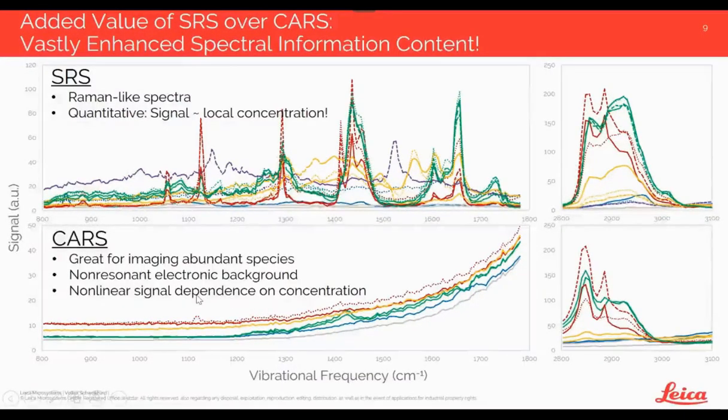And in addition, the signals display a nonlinear dependence on local concentration, which makes it somewhat more cumbersome to extract quantitative information from CARS images. So that's why there has been a fairly substantial shift of people in the field who used CARS to begin with, who are now all transitioning to the use of stimulated Raman scattering as their preferred imaging modality.